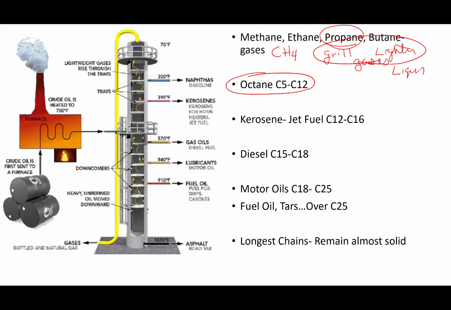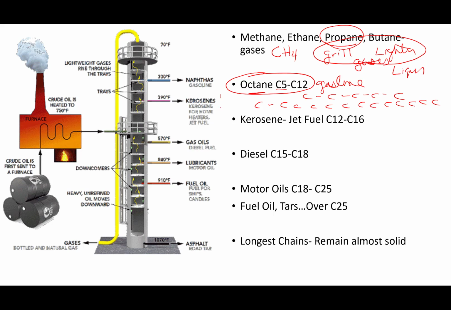Octane that you put in your car, octane is actually a blend. A gasoline is really not just octane. It is a mixture of 5 carbons long to up to 12 carbons long. And it's that blend of different carbons of different lengths that we refer to as the octane rating.